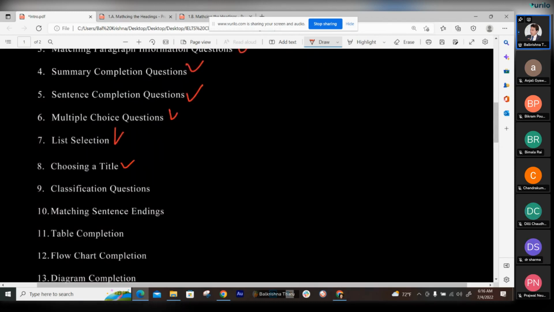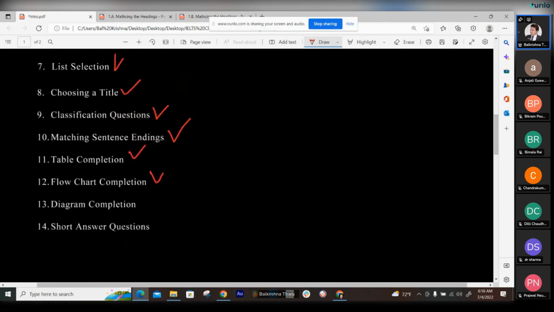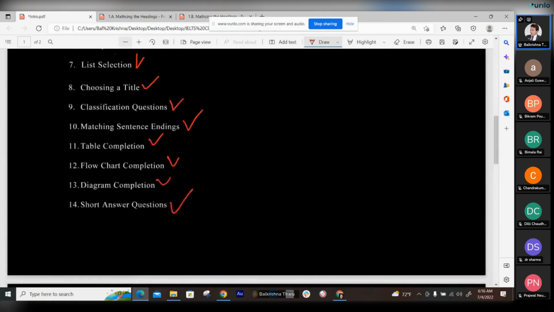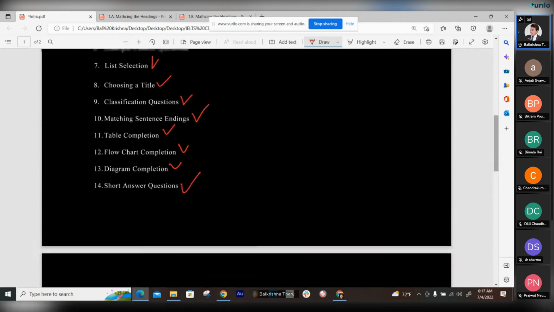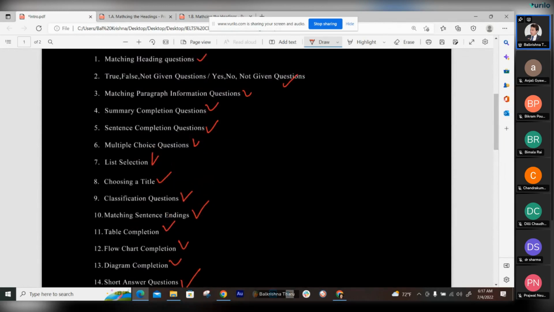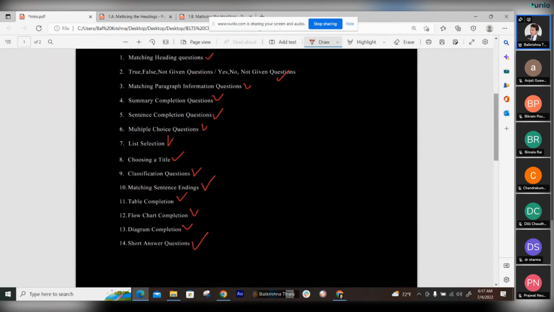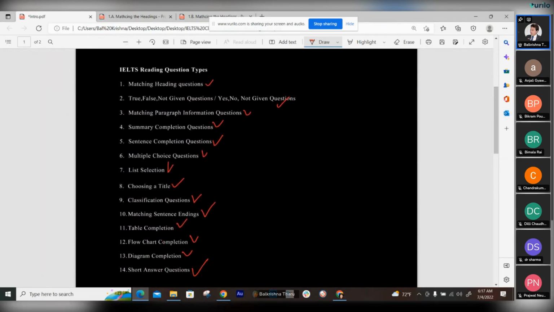We've got choosing a title, classification questions, matching sentence endings, table completion, flowchart completion, diagram completion, and short answer questions. Okay, so these are the different types of questions that we need to be able to do.